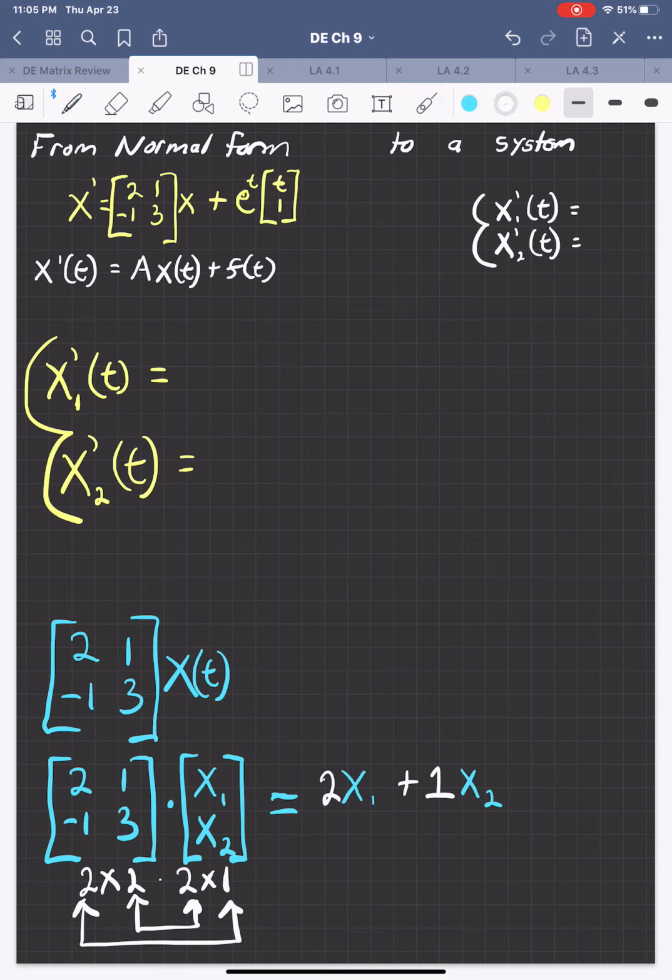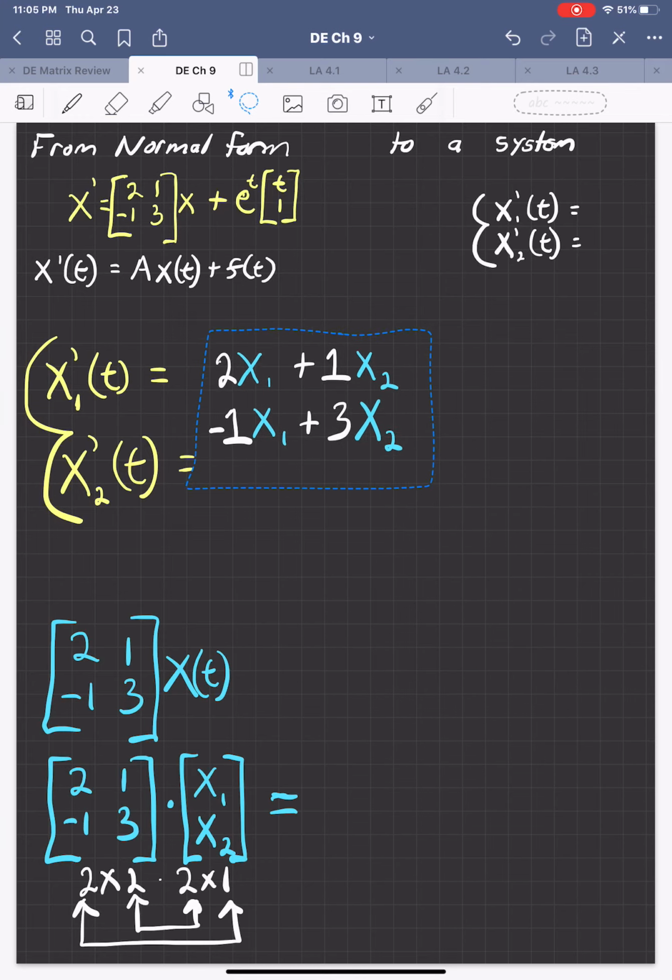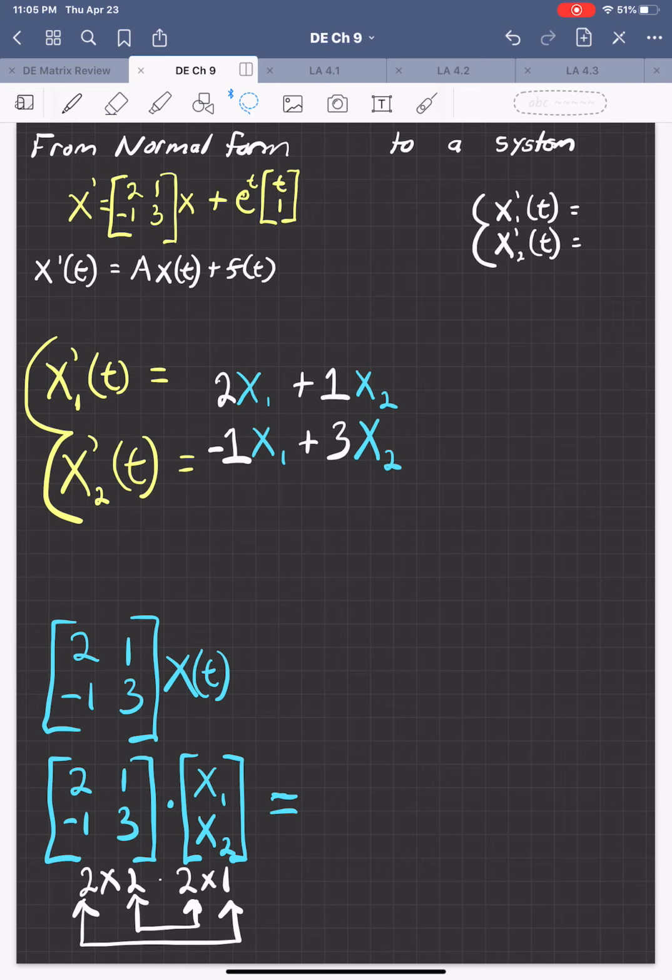So that's going to be negative 1 x sub 1 plus 3 times x sub 2. Okay, so what did you just do? Well, you just figured out how to interpret this portion of the normal form. That's the AX portion. So let me go ahead and take that and place it up here. Let's just separate it out a little bit.